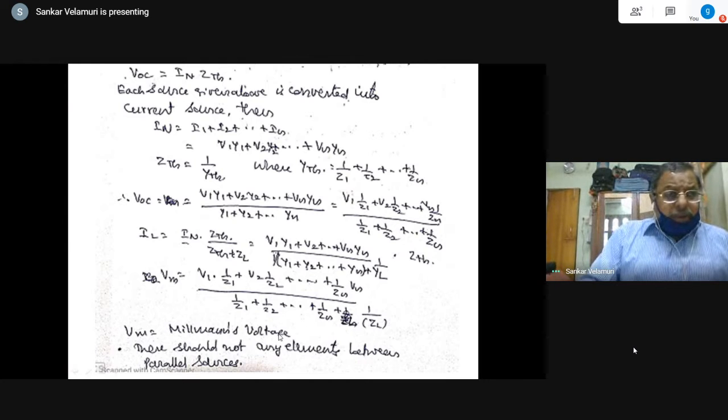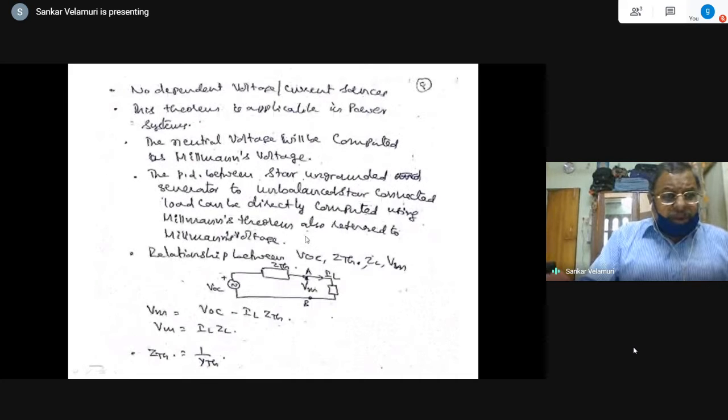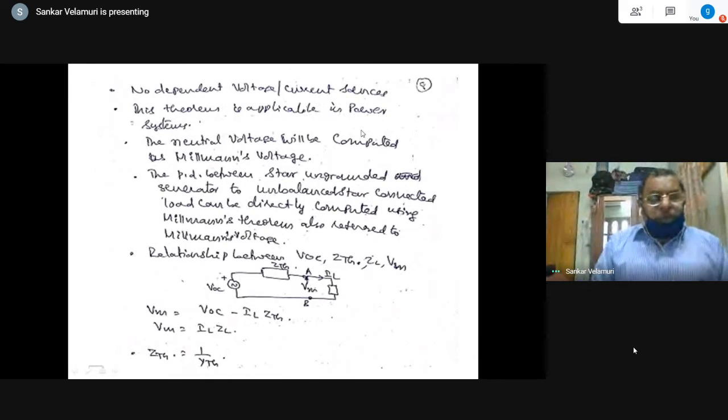So now what are the requirements for this? What are the conditions? No dependent voltage or current sources should be present. This theorem is applicable in power systems also. That means if you recall the zero sequence voltage in the sequence components of the currents and voltages in a three-phase unbalanced circuit, even though generation is assumed to be balanced, due to the unbalance in the load conditions, there will be a potential difference between the generation side as well as the load side.